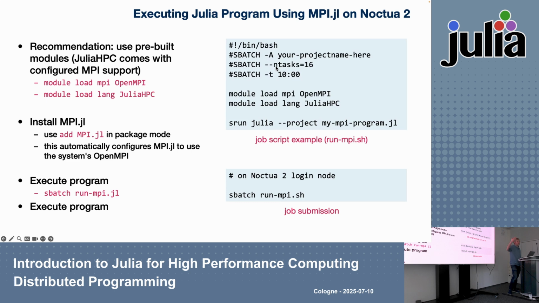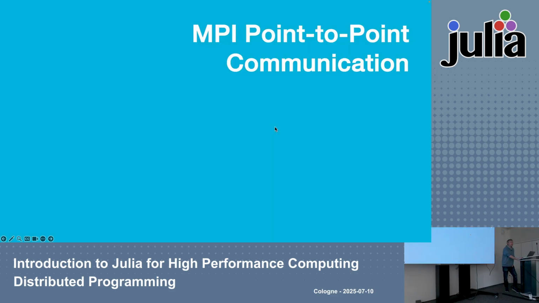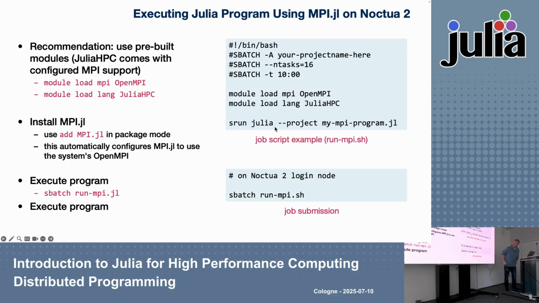You can add more parameters to limit what Slurm should do. You could say I want it to be on one node, and I want every task to have one CPU core allocated, and then it will in total allocate 16 cores and will spawn 16 MPI tasks.